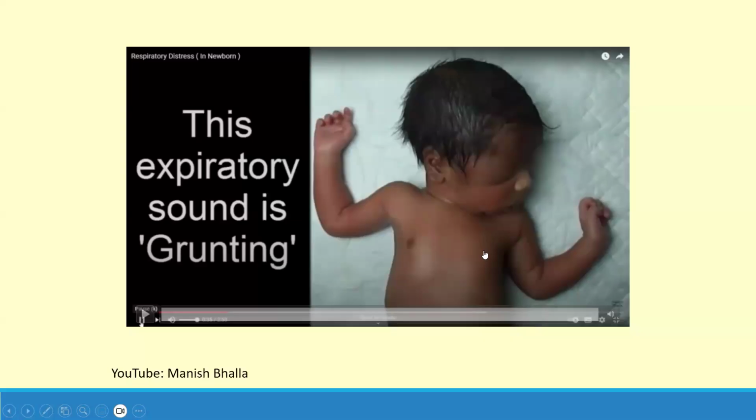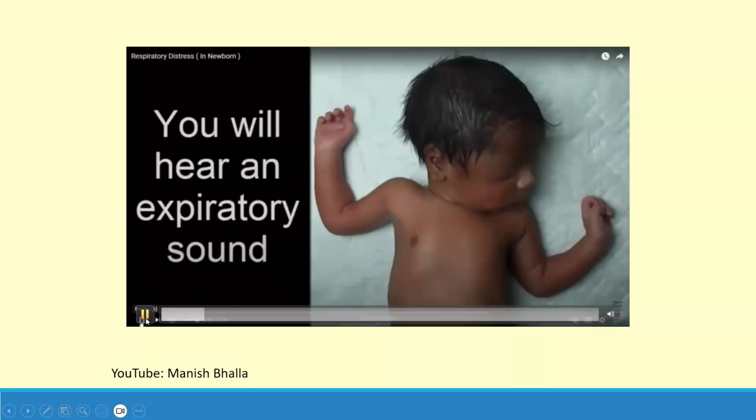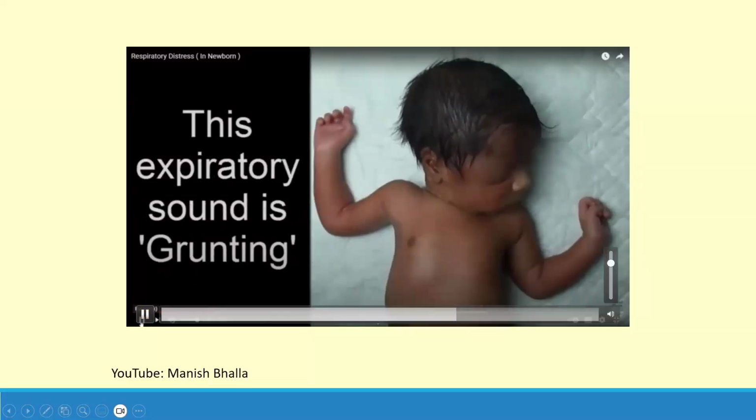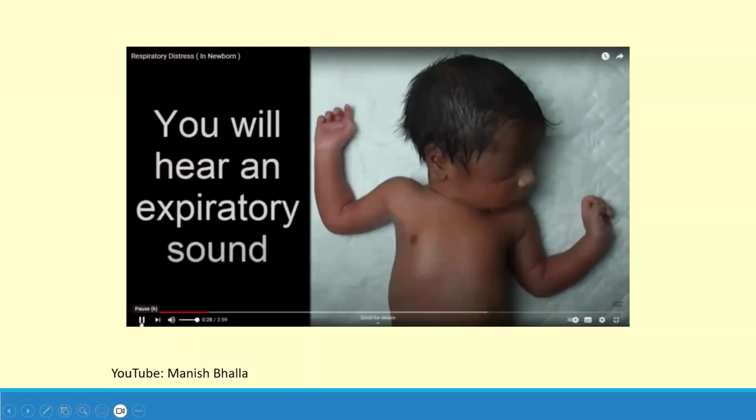You can't actually see any intercostal recessions, and you can't see the trachea. And it sounds like you can't potentially hear anything, but hopefully you can see some recessions. I don't know how to make it more audible. Subcostal retraction. Definitely some subcostal recessions there.